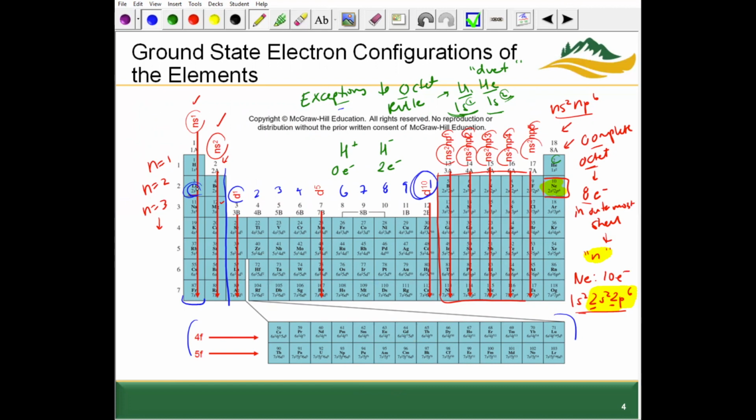That's not completely filled, so we could technically add on another electron to the 2s subshell. However, if we were looking at beryllium, that is already 2s2. We can't add an electron to the 2s subshell because it's already filled. Similarly, for the p block, these ns2 np6 noble gases, we can't add any more electrons to this p subshell because it's already filled.